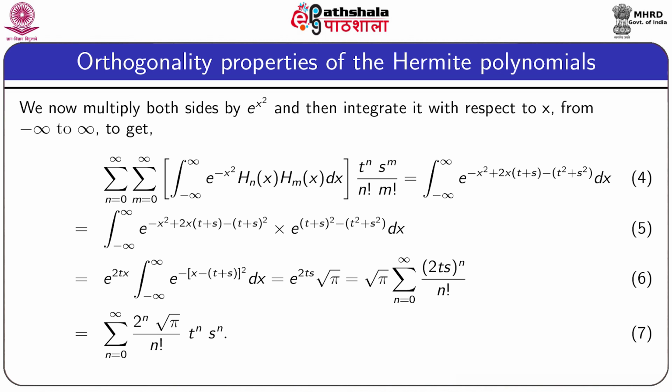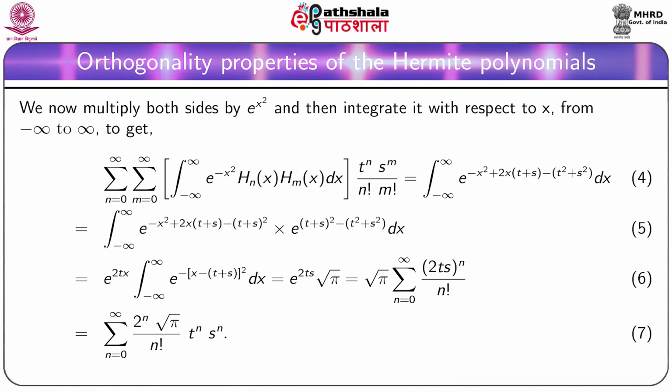So, what we have done here is we have taken the term minus (t plus s) whole square and adjusted it with plus (t plus s) whole square, so that if you simplify this, you will be getting exactly what is in the exponential of equation 4.